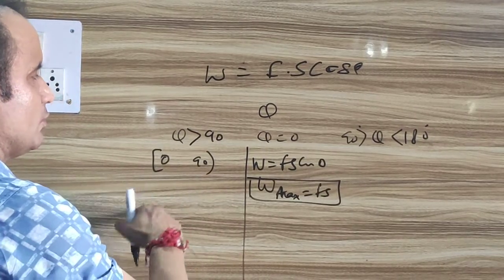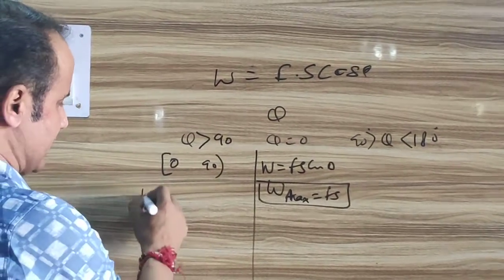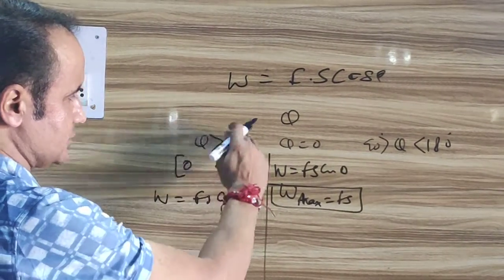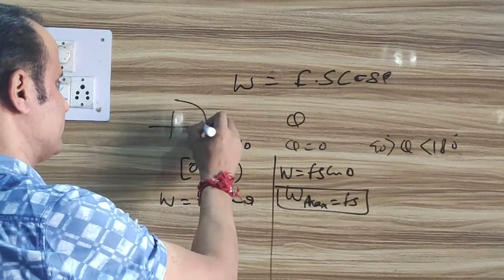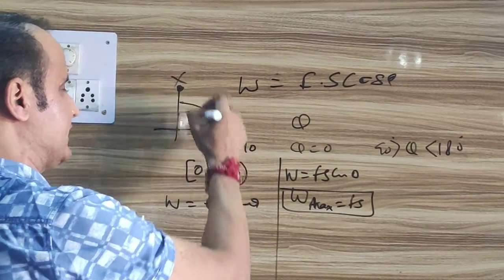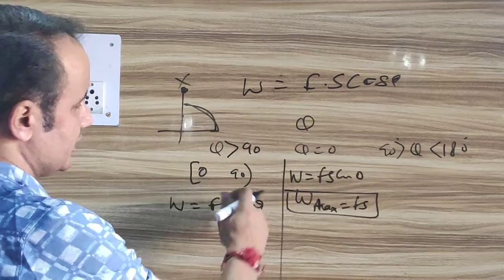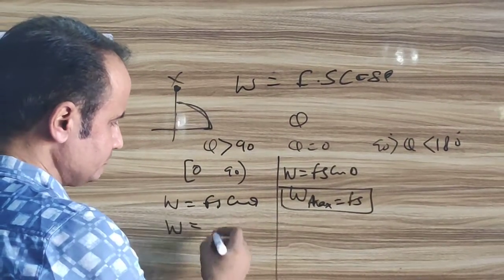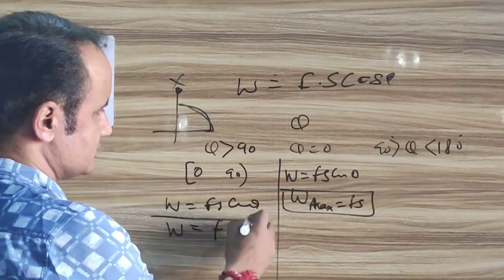In that case, you will see the work is positive. W is equal to Fs cos theta, and cos theta in the first quadrant, from 0 to 90, not including 90, always gives you some fractional number, and W here becomes a fraction of Fs.